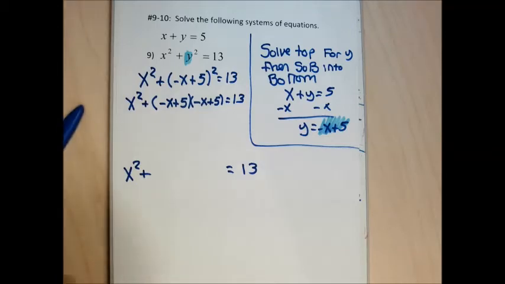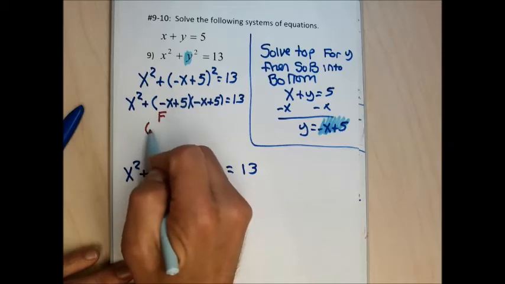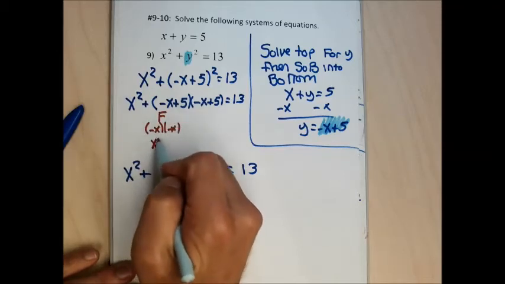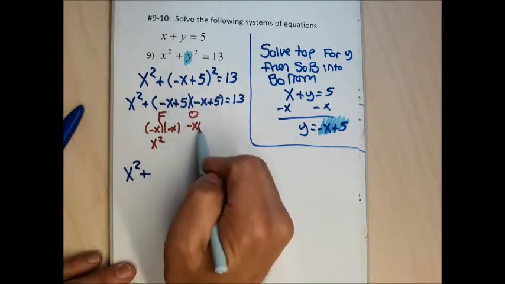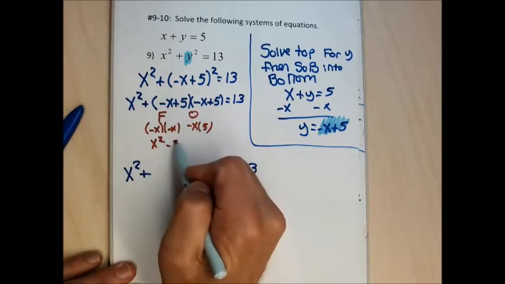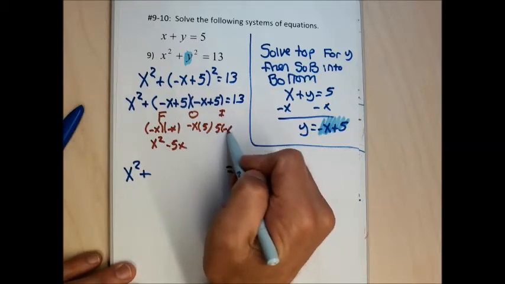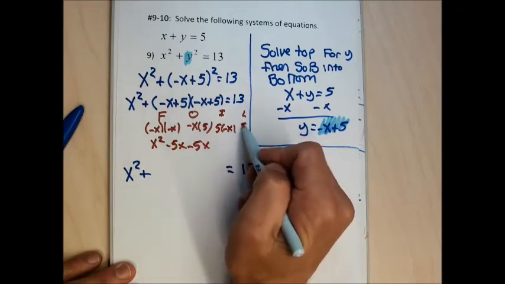So I'm setting up to FOIL, and then I'm going to do the foiling of clearing that parentheses in red just so it stands out. So I'm going to do firsts, outers, inners, and lasts.